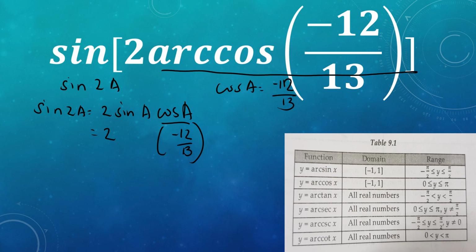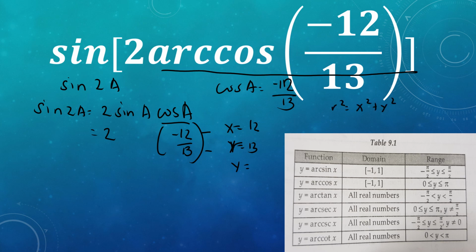So we need to find the value of sine a. If cos a is equal to negative 12 over 13, it means that the value of x is equal to 12 and the value of r is equal to 13. So we need to find the value of y because cos a is equal to x over r. To find the value of y, we have r squared is equal to x squared plus y squared.